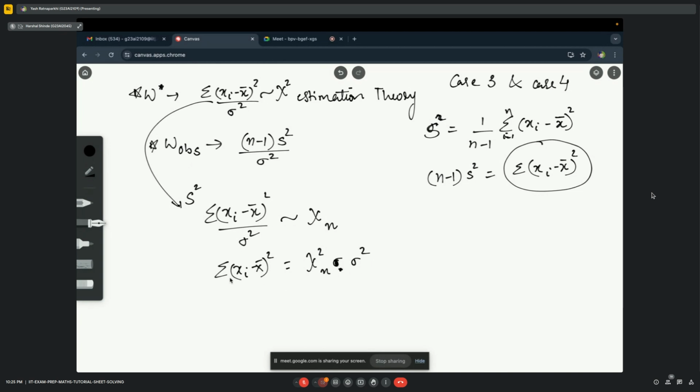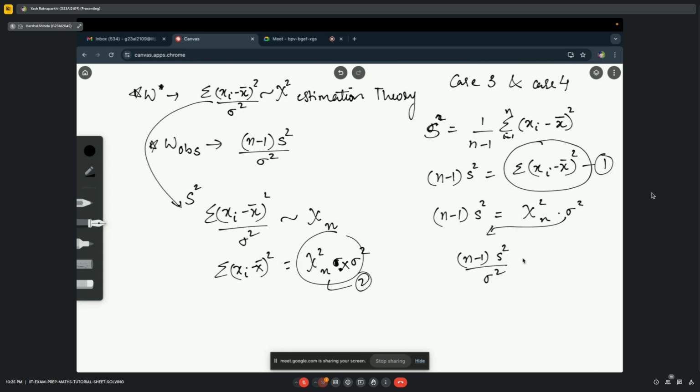Can I write this? Correct. So this is my case 2, this is my case 1. I'll substitute the value of summation xi minus x bar whole square here, and I get n minus 1 s square is equal to chi square n into sigma square. Dividing it here, it will be n minus 1 s square by sigma square, that follows chi-square n. Got it?